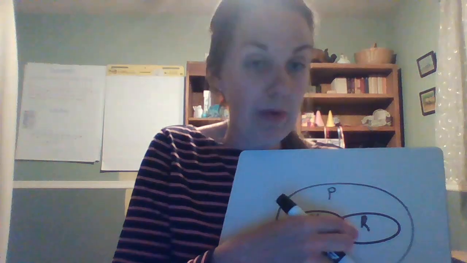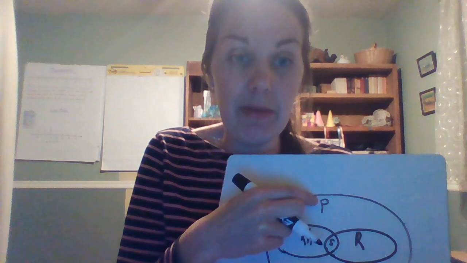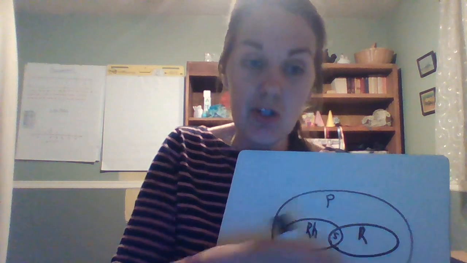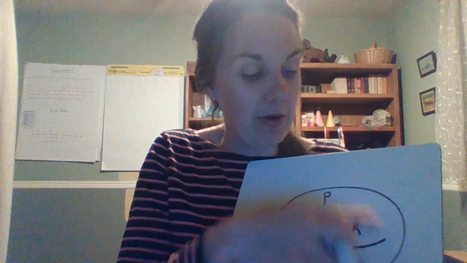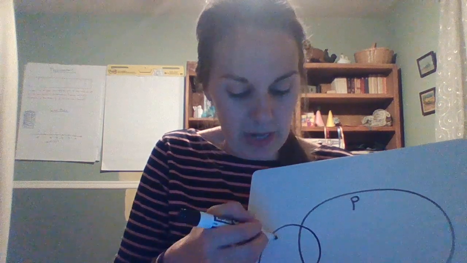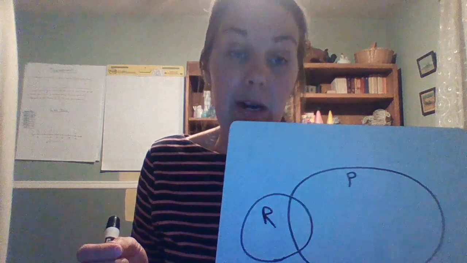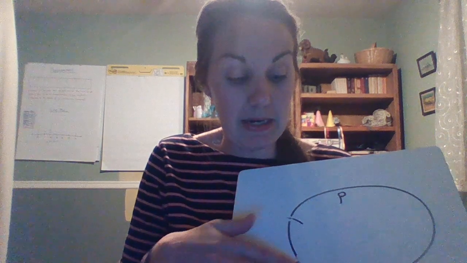So because rectangles are within parallelograms, yes, all rectangles share all the same attributes as parallelograms because they're totally within the same circle. Now, if rectangles only partially overlapped with parallelograms, they might share some of the same attributes, but because rectangles is embedded within parallelograms, yes, they share all of the same attributes.